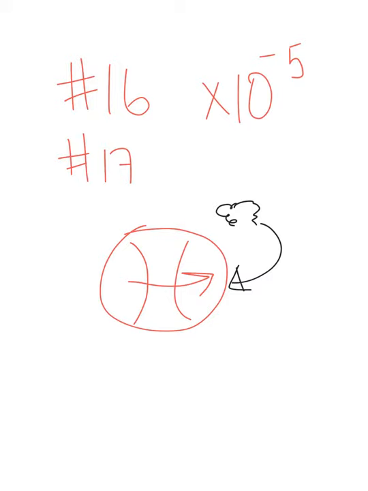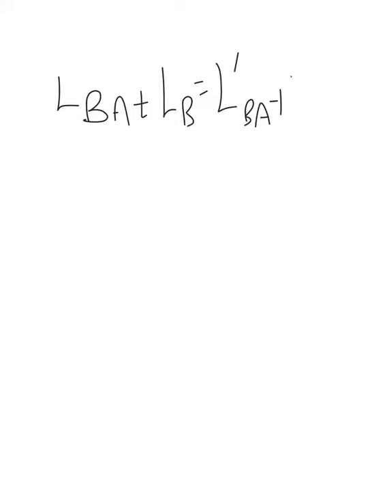But what's going to be important is that you realize that it lands on the outside of the spinning ball. So knowing that, we have two things. We have the angular momentum of the ball, plus the angular momentum of the bug initially, is going to equal the new L of the ball plus the new L of the bug.